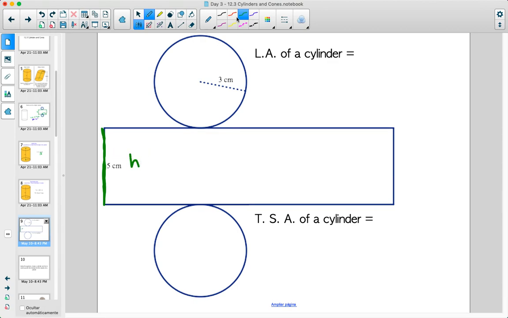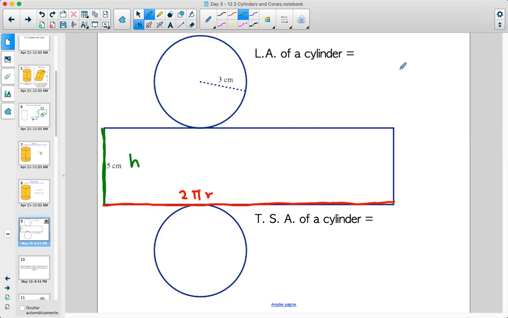And then I'm going to go ahead and use red. Red is going to be this right here, the base of the rectangle. And remember, the base of the rectangle wraps around the circumference of the circle. So that's going to be 2 pi r. All right, so now let's find the lateral area.